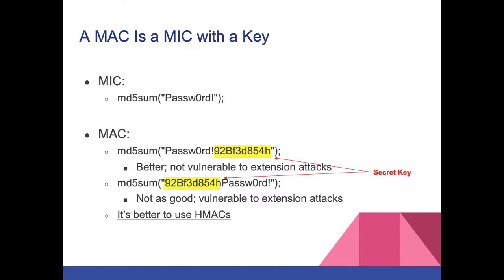Now, let's say that an attacker hacks our website and modifies our program. As long as we're not storing the secret key on the website, our friends will be able to tell that the program has been modified. That's because the attacker doesn't know our secret key. Any hash that the attacker generates for the modified program will be different from the hash that someone with our key will generate.